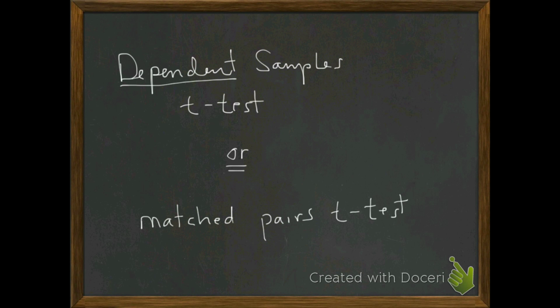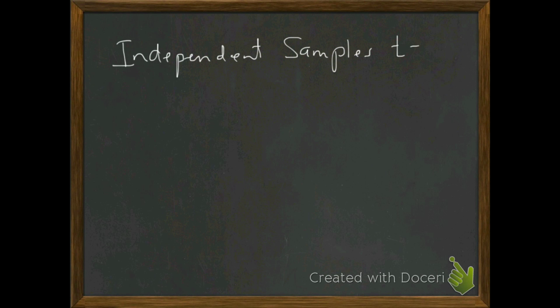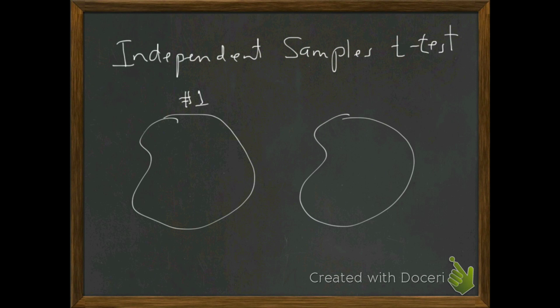Now let's see the difference. In an independent samples t-test, we have one population, we'll just call this population number 1, and a population number 2, and these two things are independent.